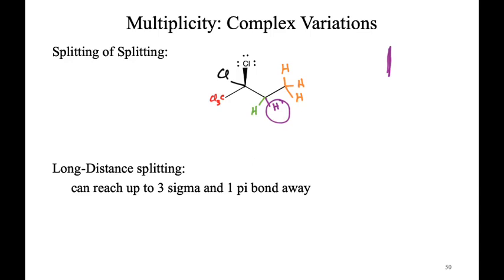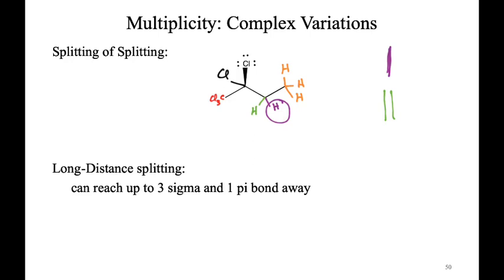It splits into a doublet from the green. Purple sees green and it splits into a doublet. Now it sees orange, which is three neighbors, which means four peaks.